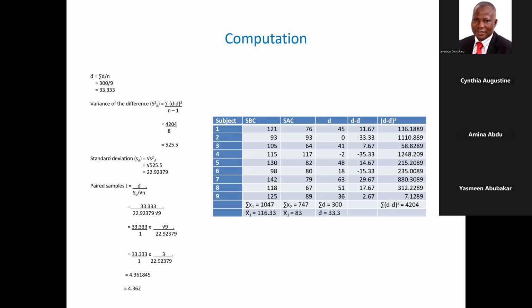But here, even though you may calculate the two means before and after, it's not just by subtracting 83 from this. No. This one is the mean of the difference; the other one is the difference between means.